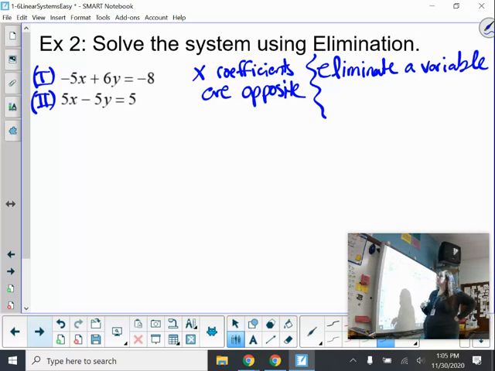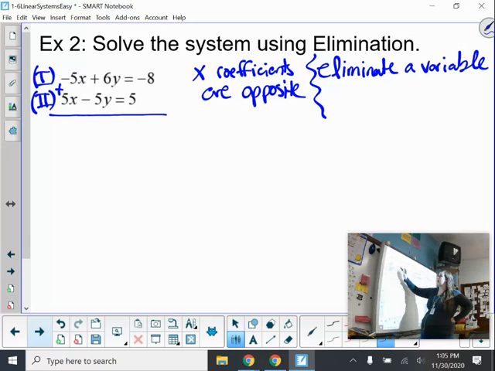Opposite would be the positive and negative of the same number, like 5 and -5 that we have here. When your x coefficients or y coefficients are opposite, you can start off by adding your two equations together. The goal here is to have one of your variables add out to 0. And that's what happens with the first variable.